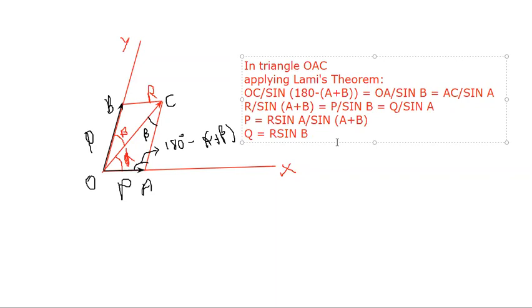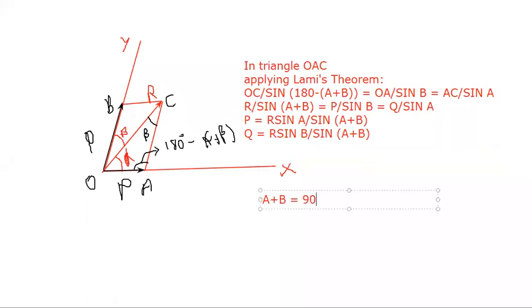Now, if you are asked to resolve a vector into two rectangular components, what does it mean? Alpha plus beta is equal to 90 degree. Understood?